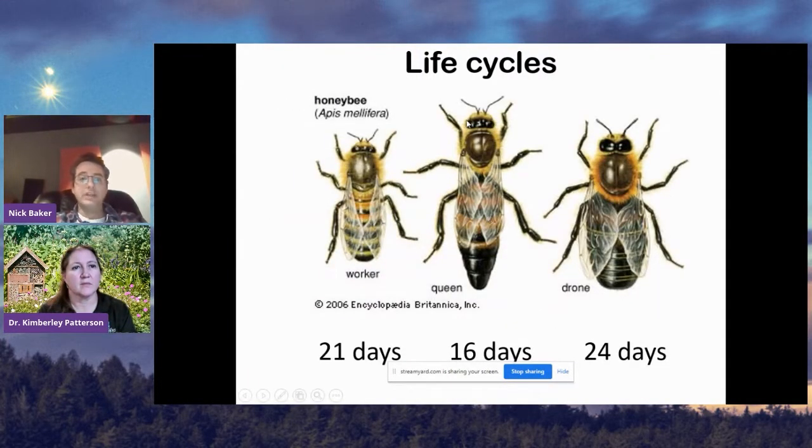Versus the queen bee, which is about 16 days from the time the egg is laid until the queen actually emerges, and 24 days for drones from the time that the queen lays the egg for that drone bee to actually emerge from the cell itself. So they even have quite different times for when they actually emerge from the cells.